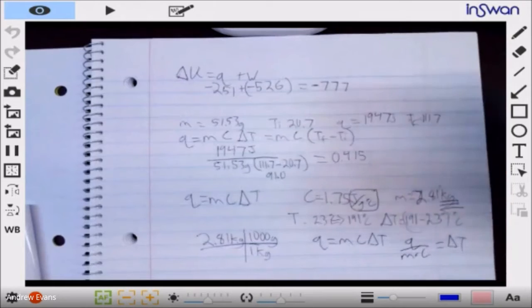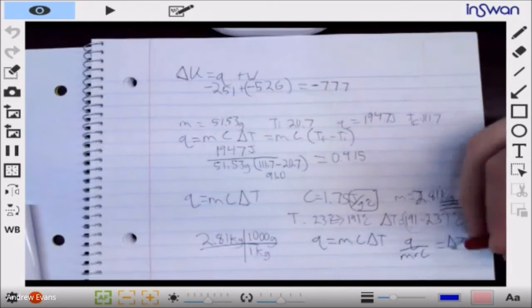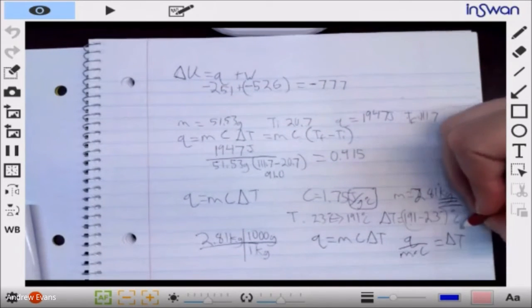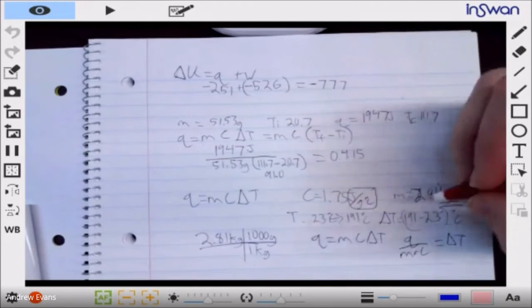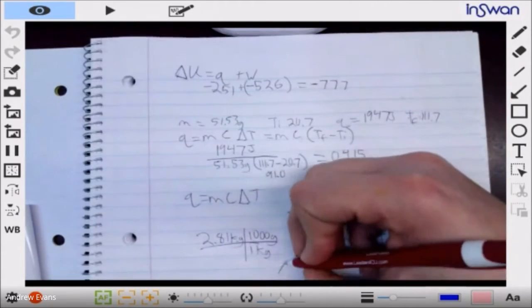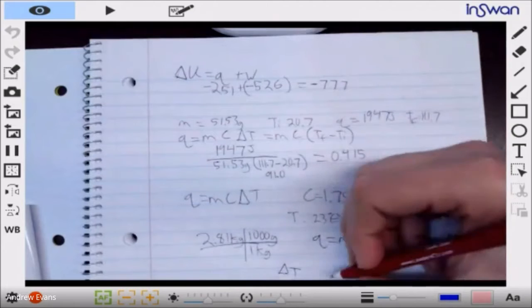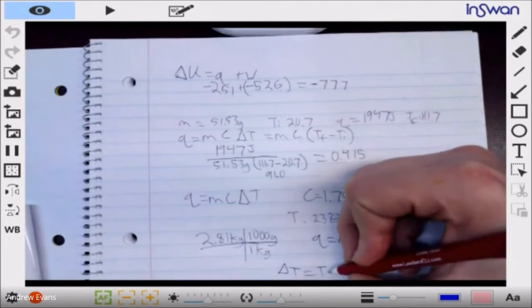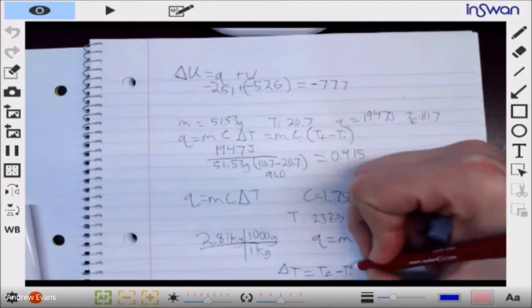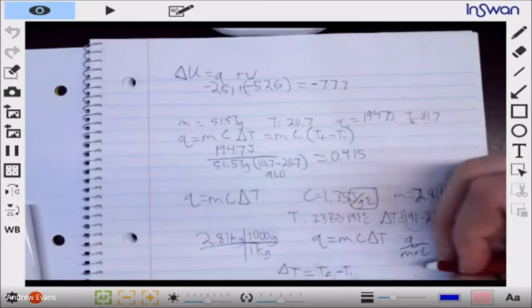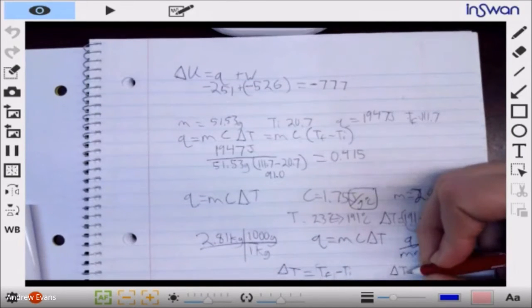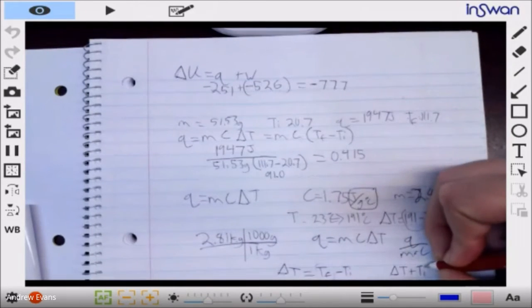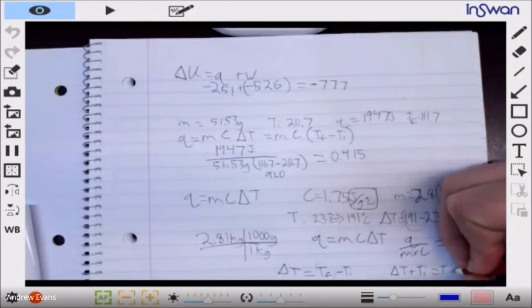You'll get some number. But remember, that is not your answer. That is what you're solving for initially, but your final answer would be, if delta T is equal to TF minus TI, then to get TF, we can say delta T plus TI equals TF.